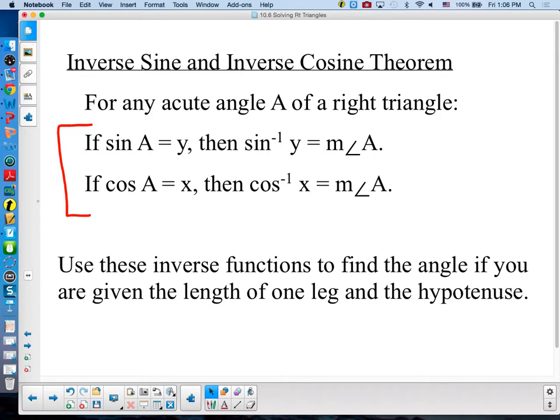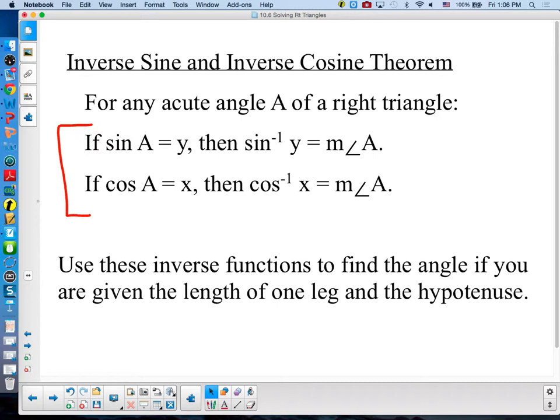Got it yet? Are you doing cosine inverse of 0.6247? 51.34. Directions will probably say tenths, so 51.3 degrees. Degrees because you're finding an angle. Okay.